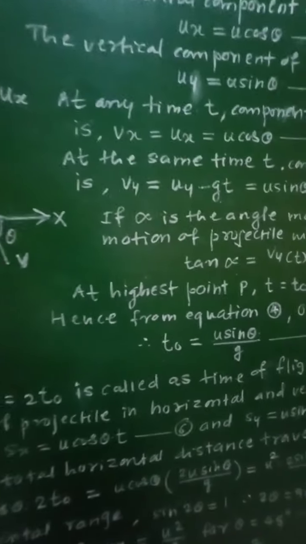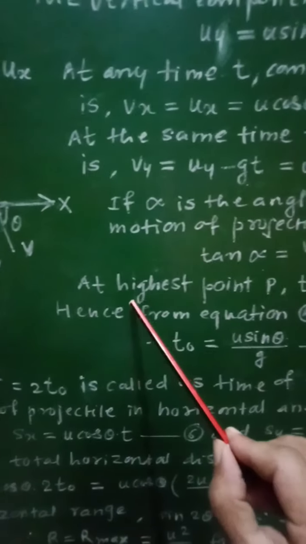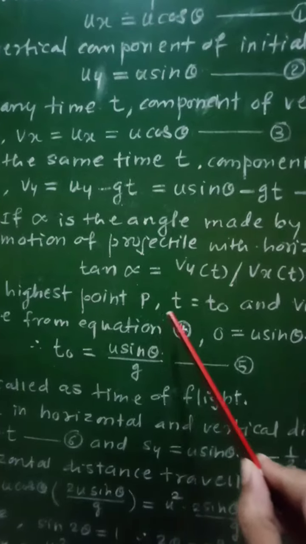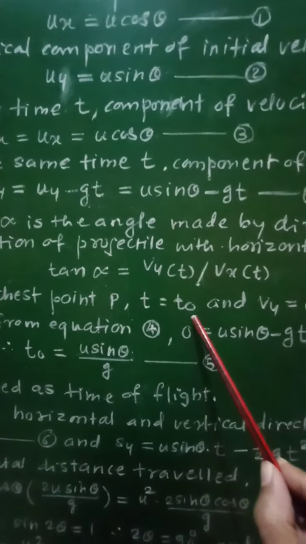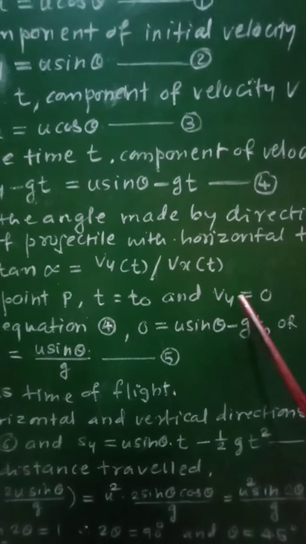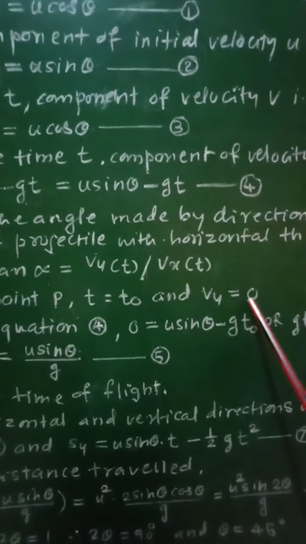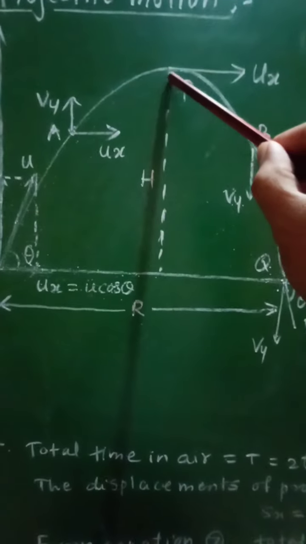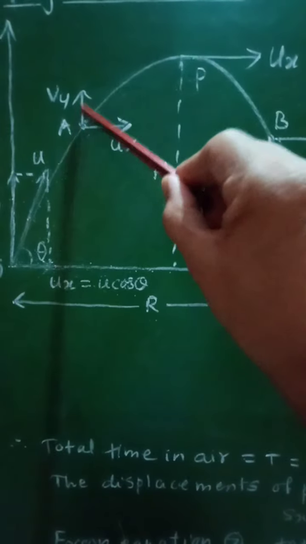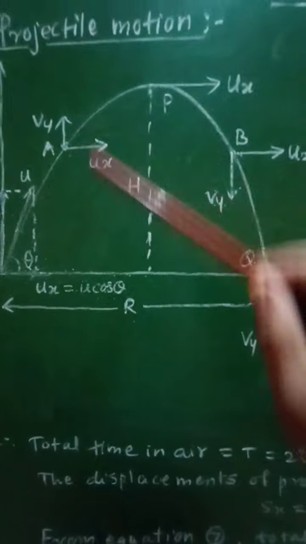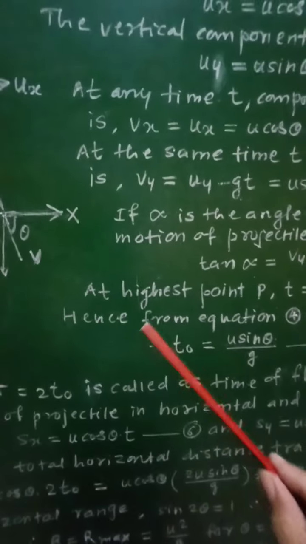Therefore at the highest point P of the trajectory, t is equal to t0, and at that time this vertical component vy will become equal to 0, because only the horizontal component ux is present at point P, and vy, as it goes on decreasing, at last at point P becomes 0.